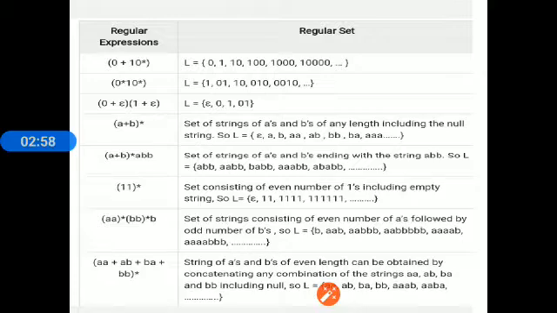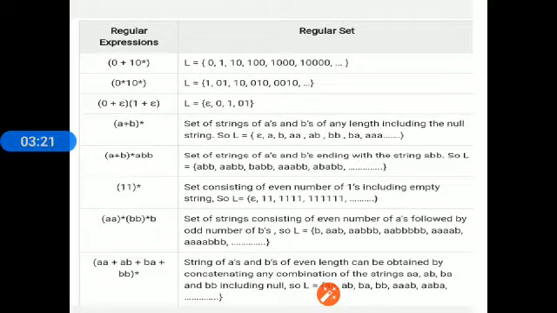Then the next regular expression is 0 star 1 0 star. Here the plus symbol is not there. So, 0 star means 0 may occur or may not occur. If neither 0 occurs, then only 1 remains, so 1 will be produced.